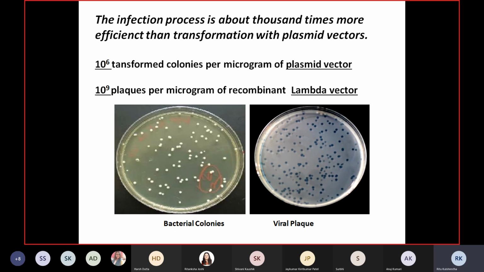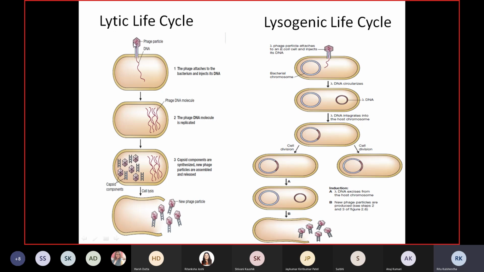This observation was used by various molecular biologists, and the idea came that if we include our gene of interest or our DNA of interest into the phage genome, then obviously multiple copies will be made, just like they are made in the case of plasmids. So this methodology using phage vectors can also be used for cloning purposes.